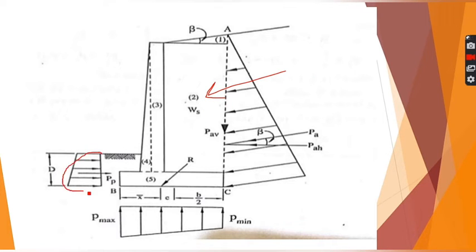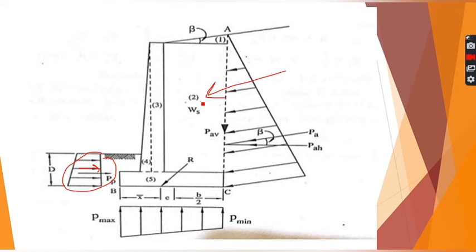This is the passive earth pressure here, which is acting on the front face. You must have studied the difference between active and passive earth pressure in your previous classes. Active earth pressure is the dominant one due to the high backfill. Passive earth pressure is usually ignored in case of retaining walls. So these are the lateral earth pressures.